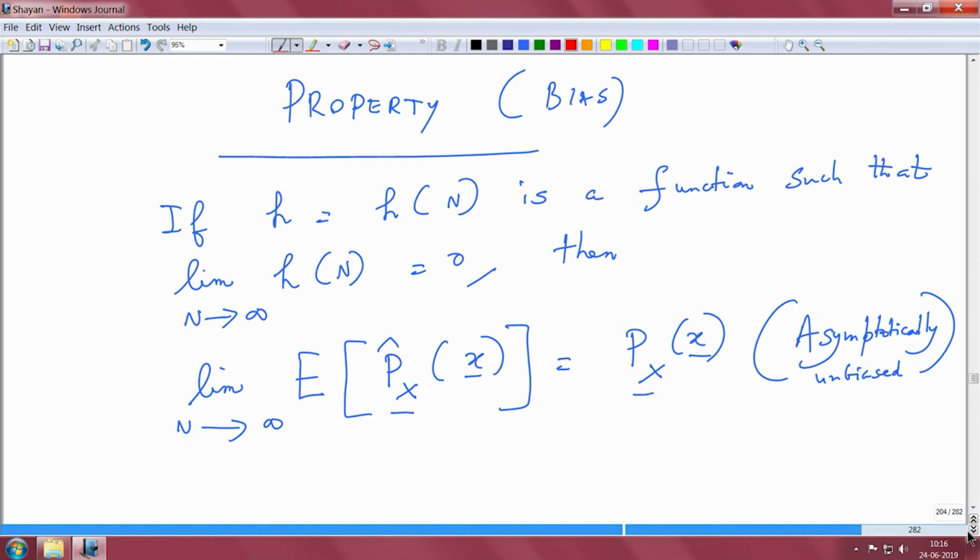I mean this quantity, the limit of the expectation of this estimate minus p of x, if this is 0, then the estimate is asymptotically unbiased. Okay. This is an important property. So for this to be satisfied, the limit as n goes to infinity of h of n should be 0.